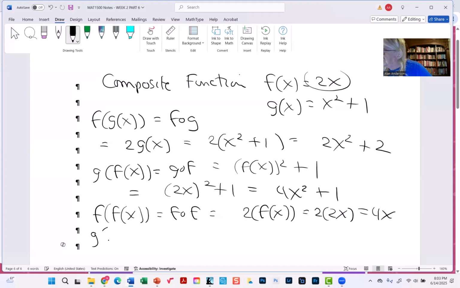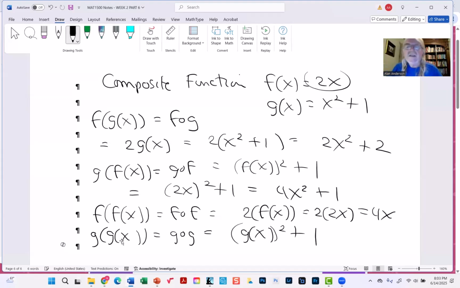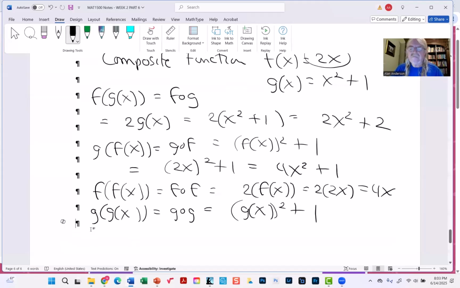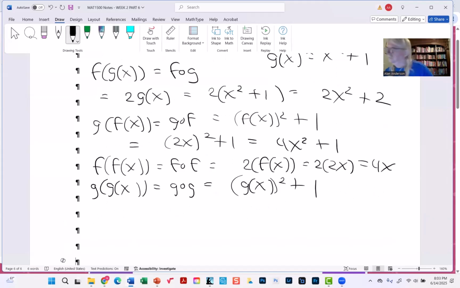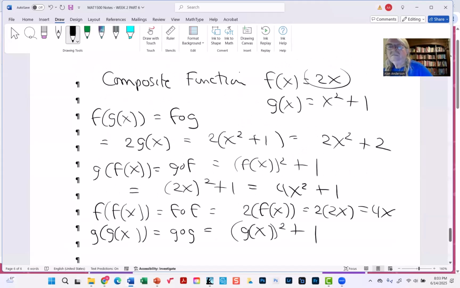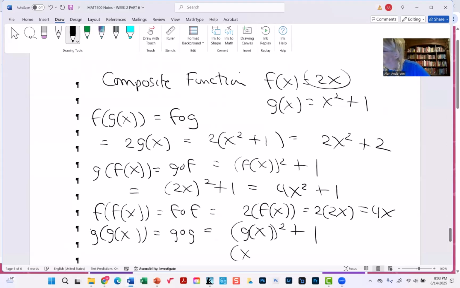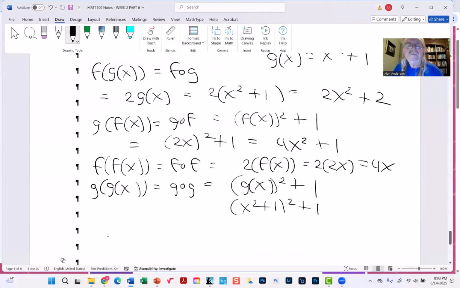And the same thing with the g. So we've got g of x squared plus 1. And then you replace that with its definition. And then you can multiply it out if you want.